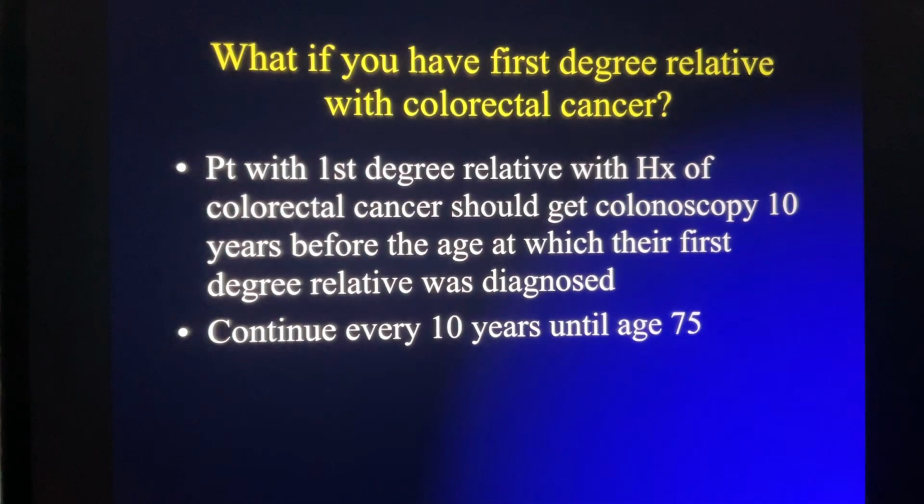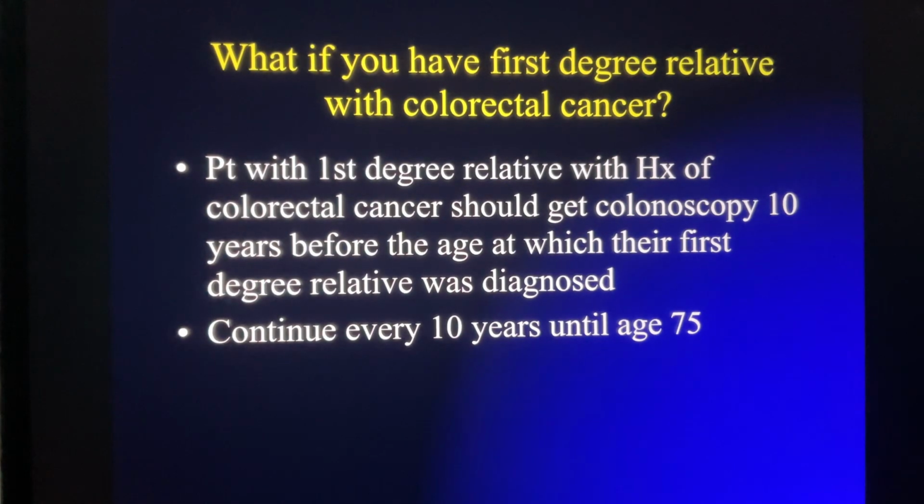Another question that I always get is, what if you have a first degree relative with colorectal cancer? Okay, so first of all, who is your first degree relative? We're talking about your parents, your siblings, your children, right? So if a patient has a first degree relative with a history of colorectal cancer, the individual needs to start screening 10 years before that first degree relative was first diagnosed.